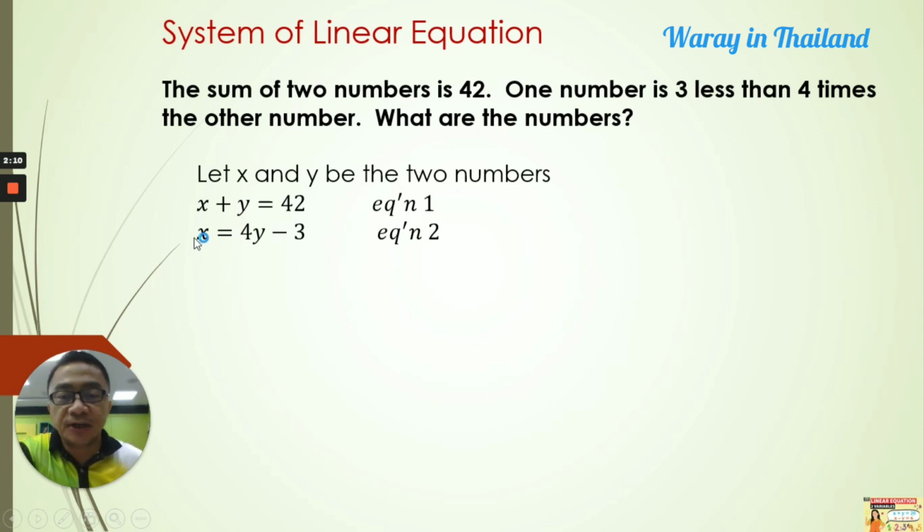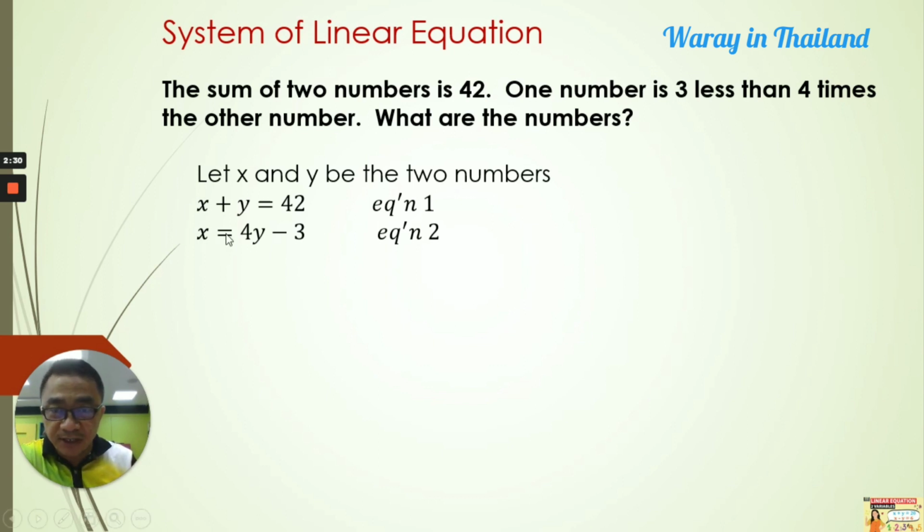Okay. So for this time, we can use the two methods. So you have the elimination method and the substitution method. Now again, as we know, to use either elimination or substitution, we're going to check the given.